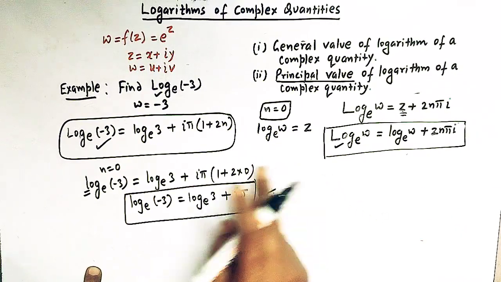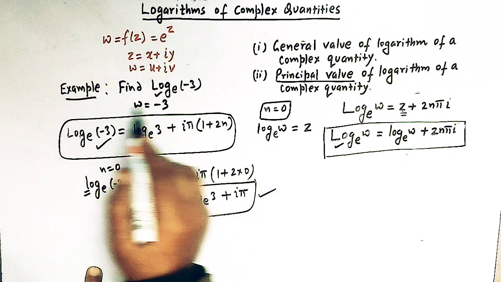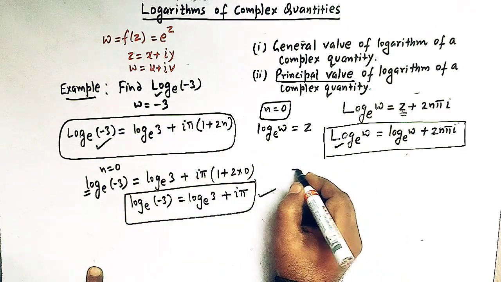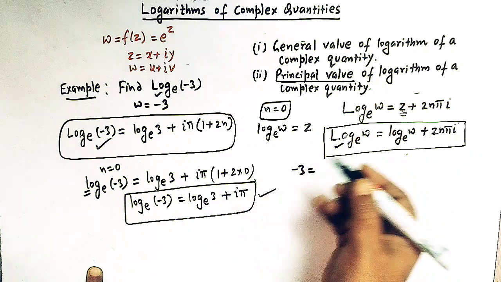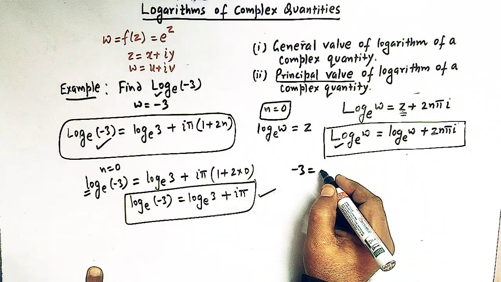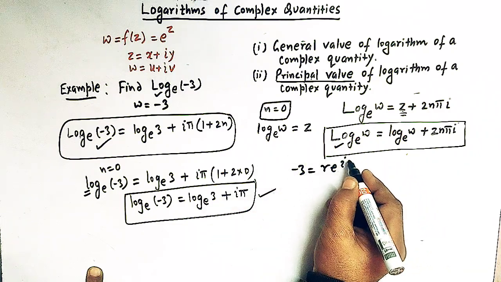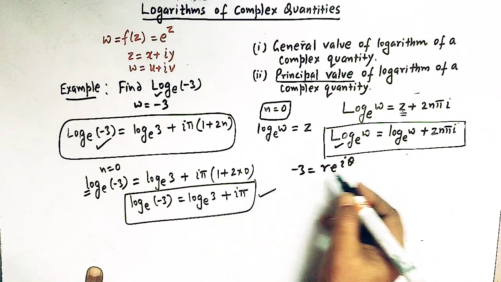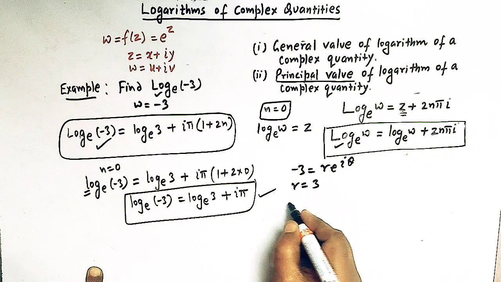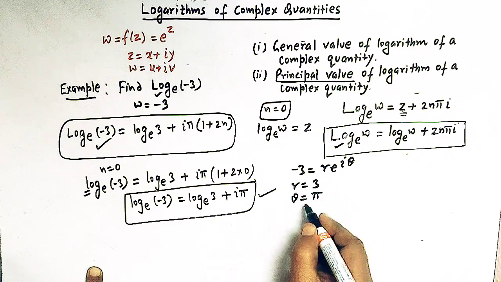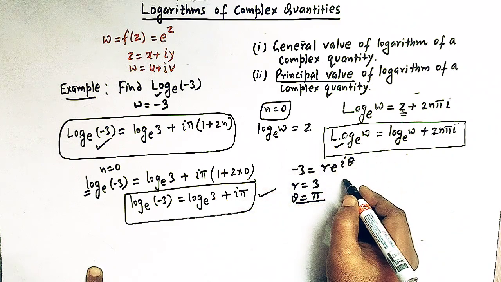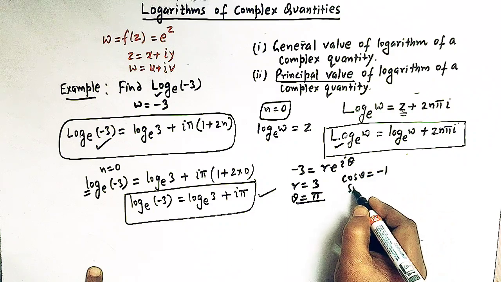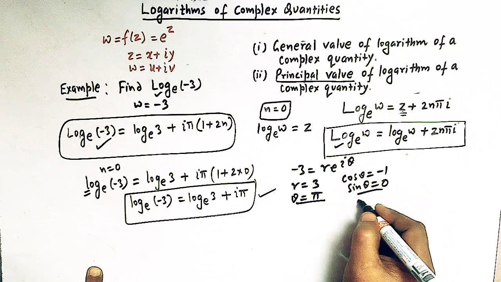So let us quickly revise what we have done in this example. We have to find log of minus 3, and we have expressed minus 3 in polar form, that is r e raised to iθ, and then we got the two equations, and we find r is equal to 3 and θ is equal to π. Because θ is equal to π, it satisfies both the equations: cos θ is equal to minus 1 and sin θ is equal to 0.